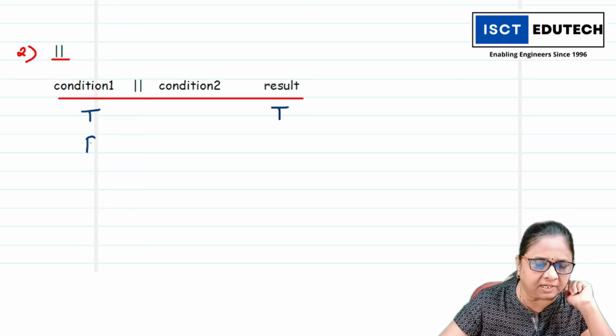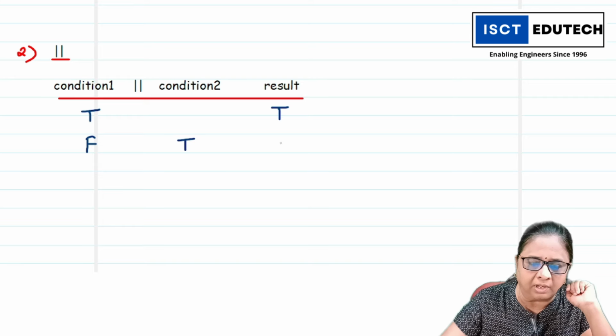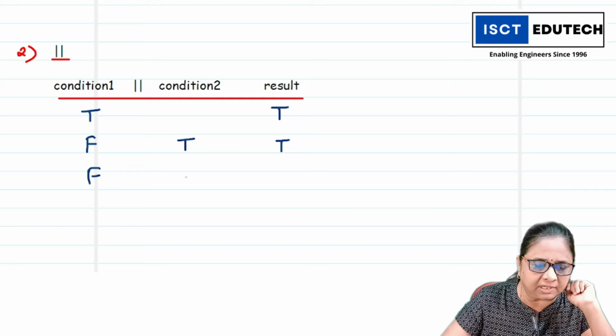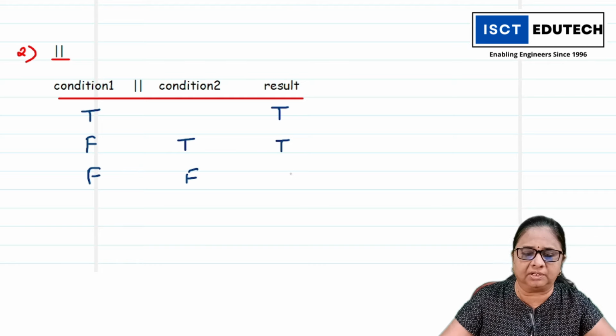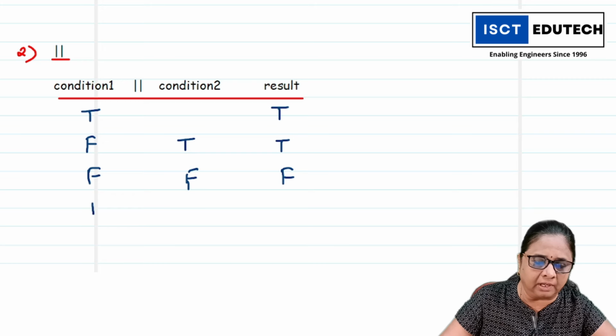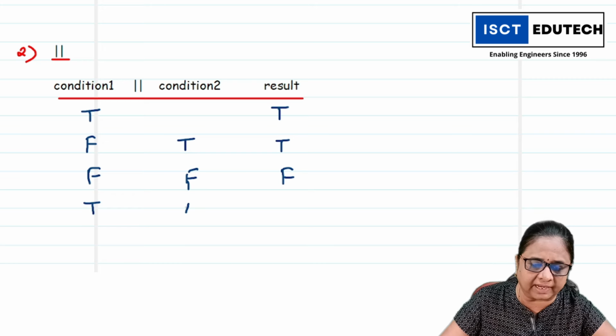Next, first condition is false. Now it will check for the second condition. If it is true, still it does the true part. If first condition is false and the second condition is false, then it will take false. So F or F is F. When one is true and the second one is also true, true or true is also true.